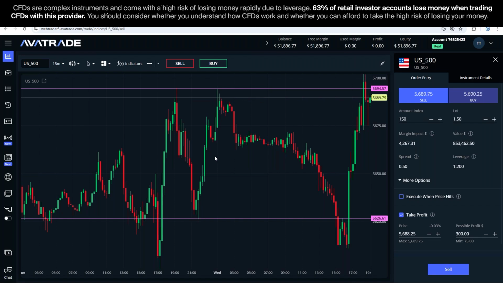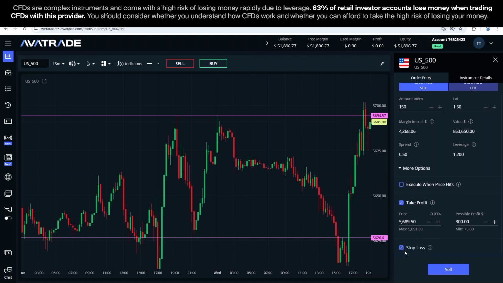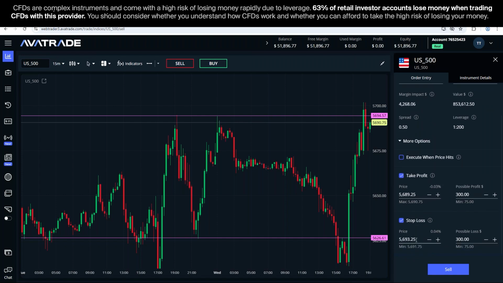So what we can do then is start to set, okay, a stop loss above this high, above the resistance and above this high that it just spiked up to. So what do we have to get above? Oh, above 5,700, maybe 5,710, 5,715 to get up here, okay? So stop loss, 5,715.